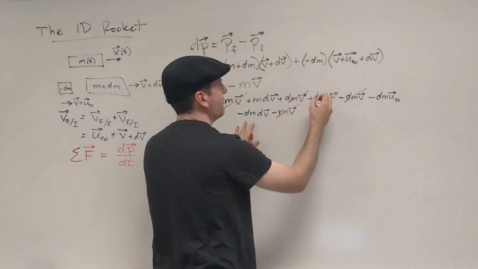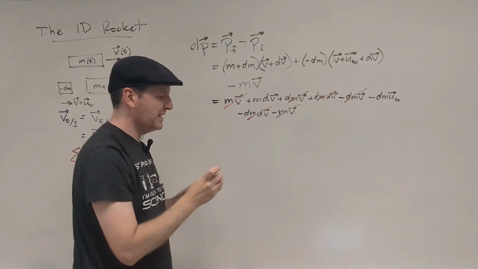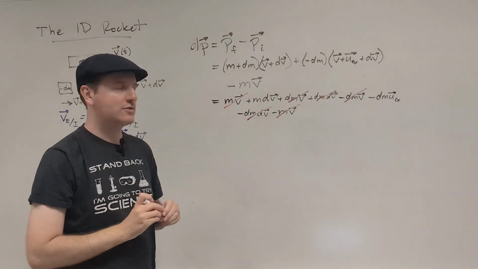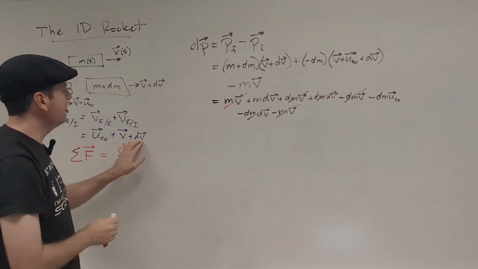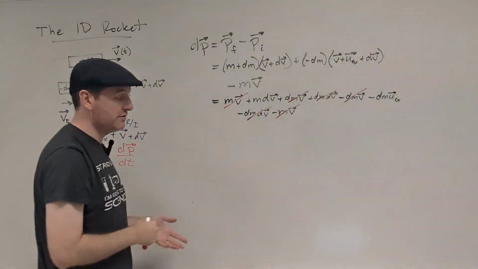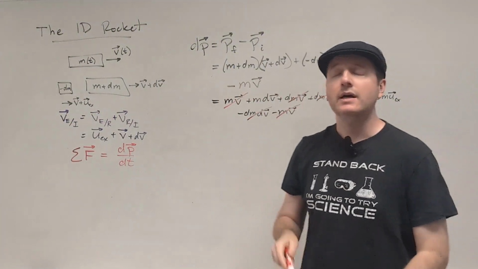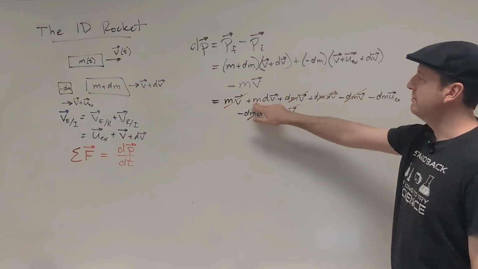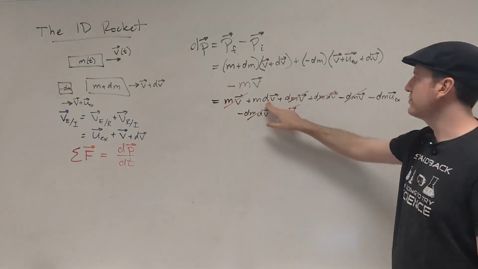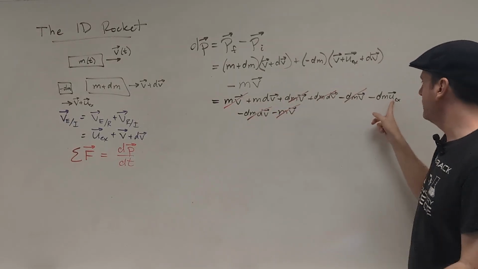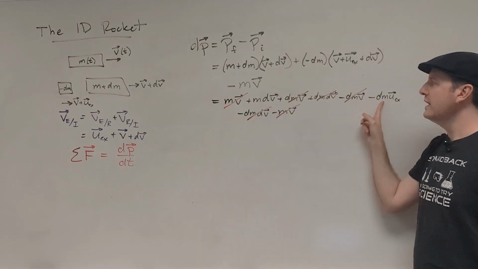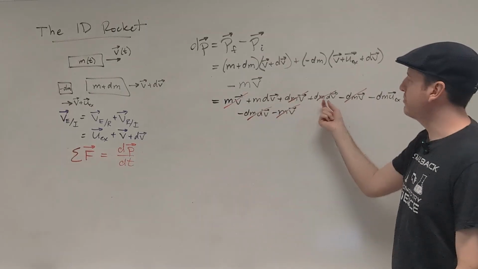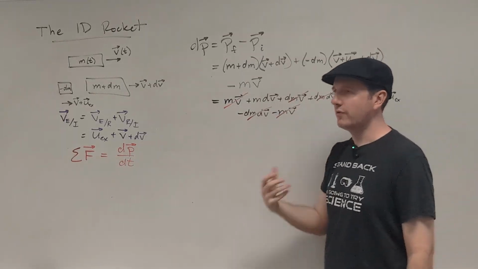Now, we do actually have a cancellation of these two terms, but even if we didn't, so let's pretend for some reason that you don't like my argument that this should include a dv, which is fine. I don't believe it myself. But even if that was the case, what's left over is mass times a first order differential, another velocity times a first order differential, and if this didn't cancel, I'd have a product of two first order differentials.